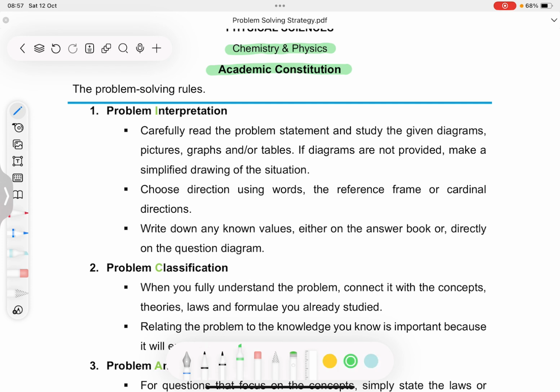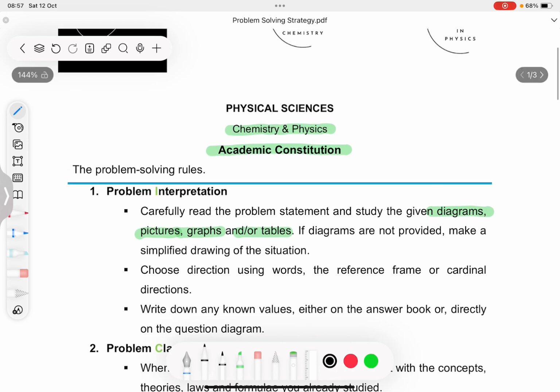This information can come in the form of diagrams, pictures, graphs, and/or tables. That's how we scientifically represent data. In a situation where you're not provided with a diagram, make a quick sketch that will assist you to visualize the problem.